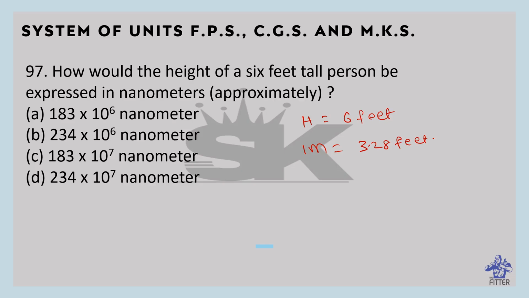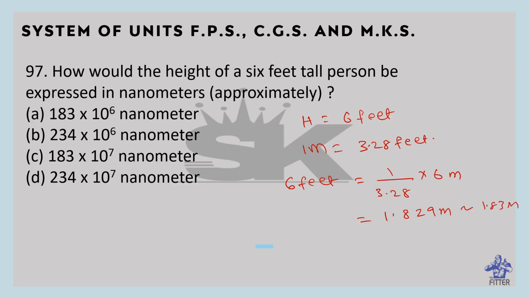So 6 feet equals to 1 by 3.28 into 6 meters, right? So that is around 1.829 meters. You can consider 1.83 meter.